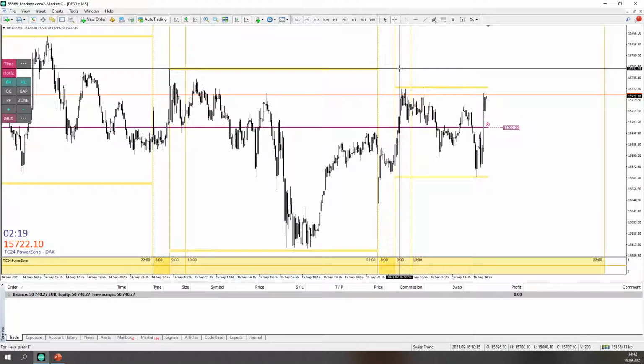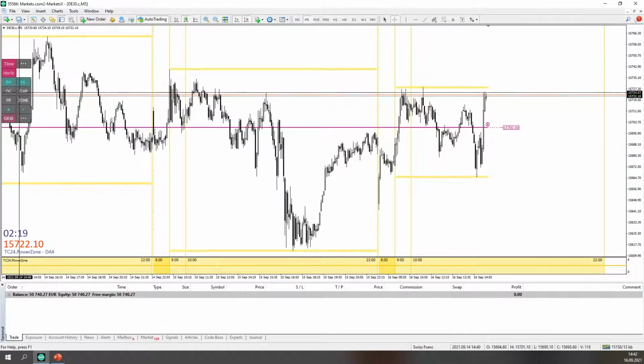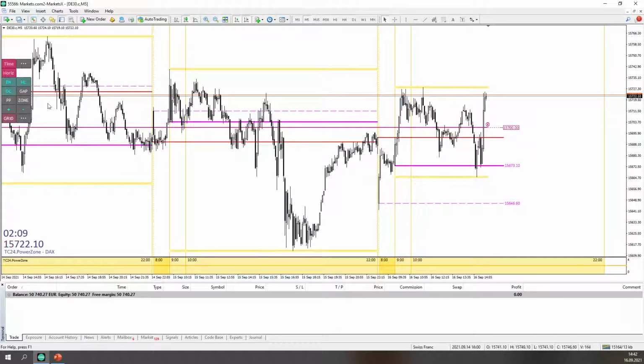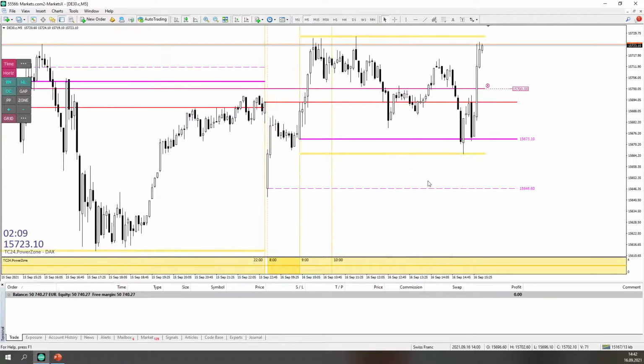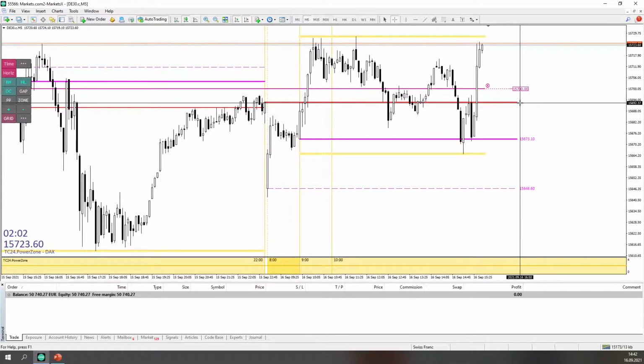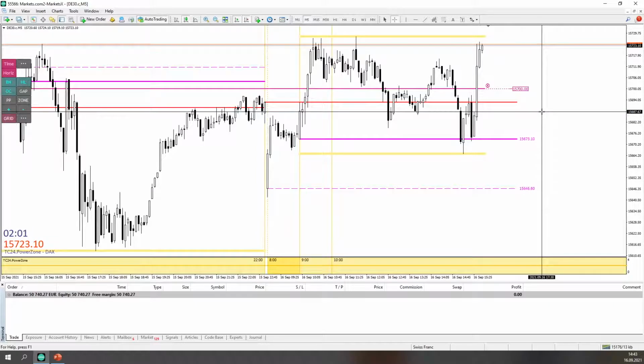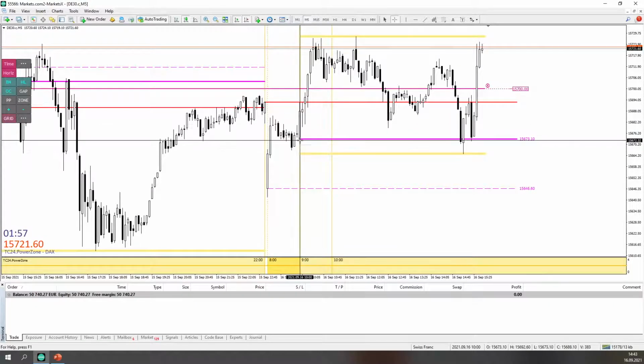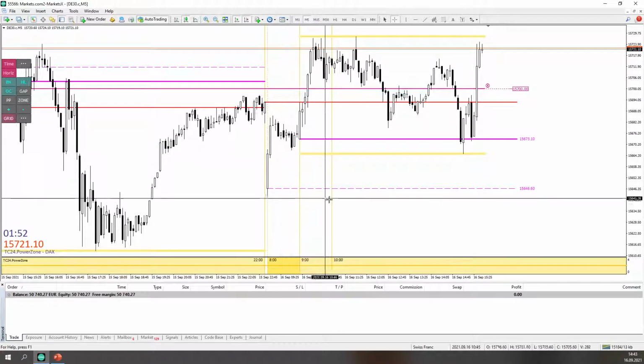On top of this, there's also a button called OC for open and close. If you enable that, you see the closing price of the previous day highlighted in red in your chart. You also see the opening price of today's session at 9, for example 15,673, and also the pre-market open.